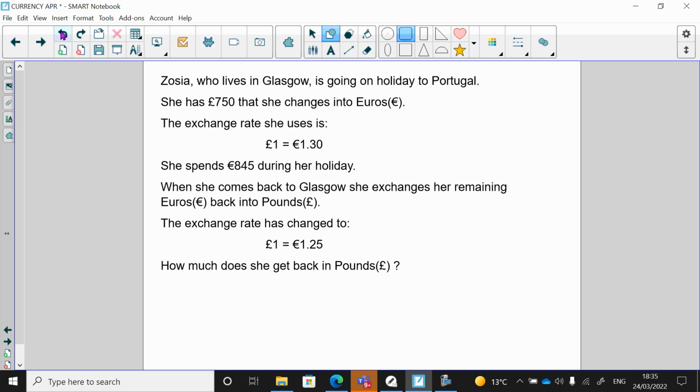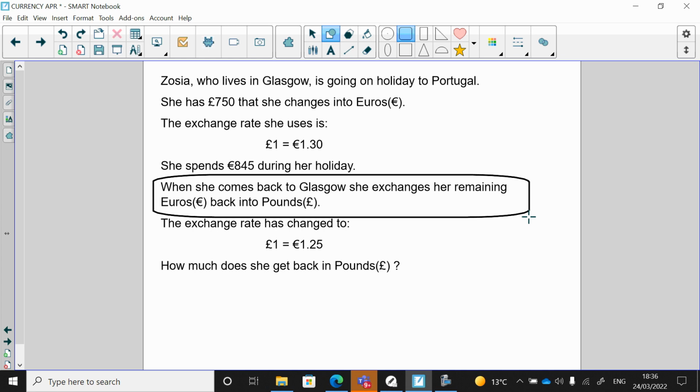Right. So assuming Zosha has a nice holiday, and spent €845 during the holiday. Okay, that's fine. Hopefully they had a good holiday. When they come back, they want to change the remaining euros into pounds. So that's something we're going to have to calculate.